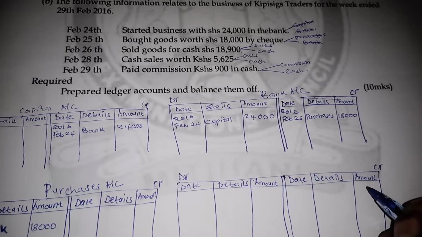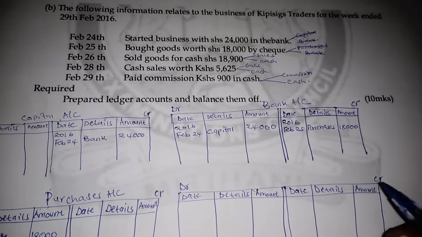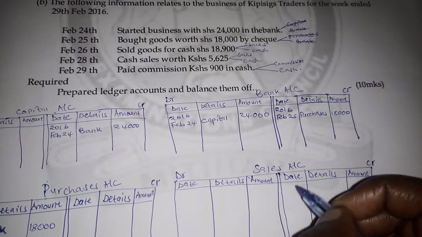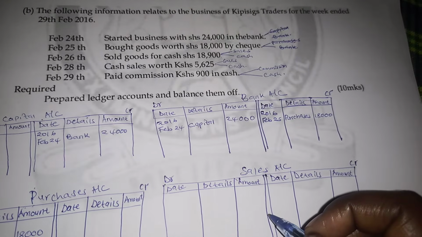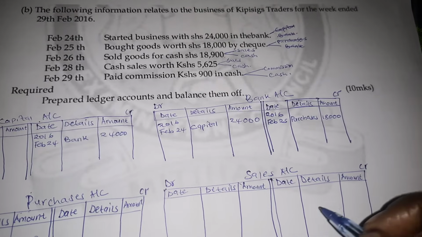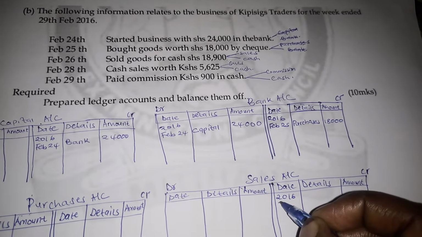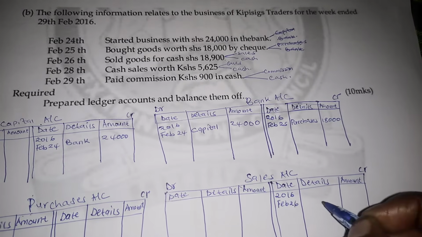On the 26th, sold goods for cash, 18,900. So you have a sales account. Sold goods means a reduction in stock, so on the sales account we credit. The year is 2016, the month is February, and the date is 26.